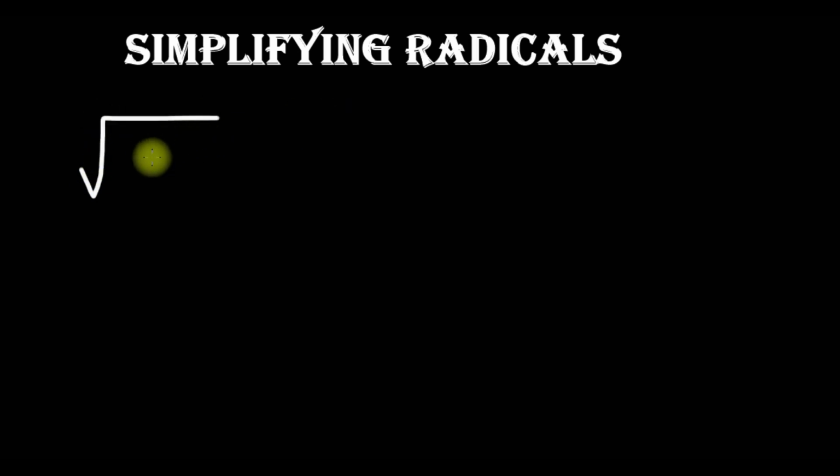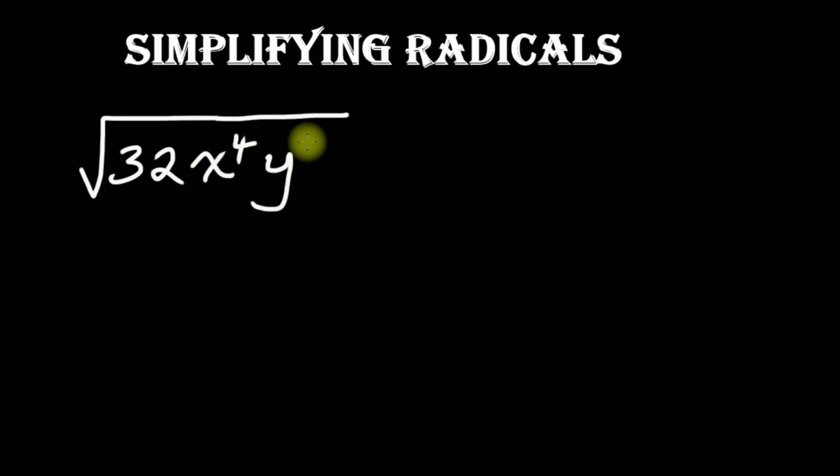Now we're going to get into simplifying radicals that have variables. Let's take a look at this example here. Here we have the square root of 32 x to the 4th y to the 9. We're going to simplify this, but before we do that, there is an important principle that we need to know when working with even roots.